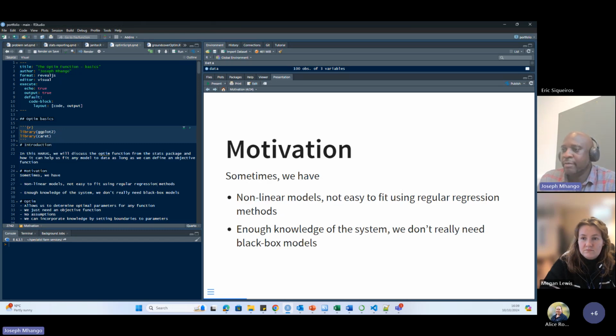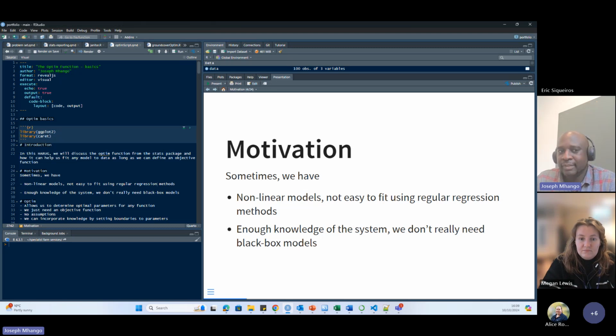So, why would we want to use optim? At a basic level, sometimes we have nonlinear models that we want to fit. Linear regression and generalized linear models all depend on us being able to define some linear relationship between our predictor variables and our dependent variable.